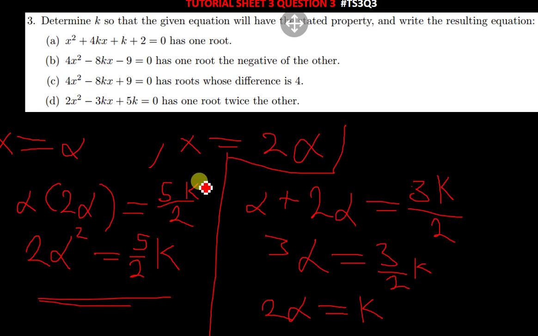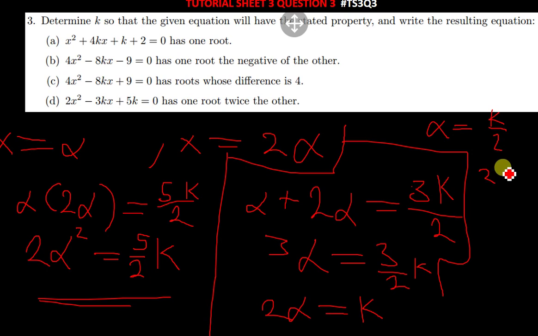Okay, let me just show you how to replace, because I know some people are saying, how now do you? So we say alpha is equal to k over 2. So where there is alpha in this one, we put k over 2. So we're going to have k.